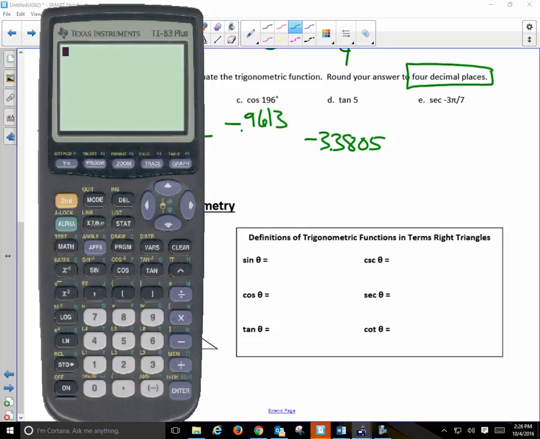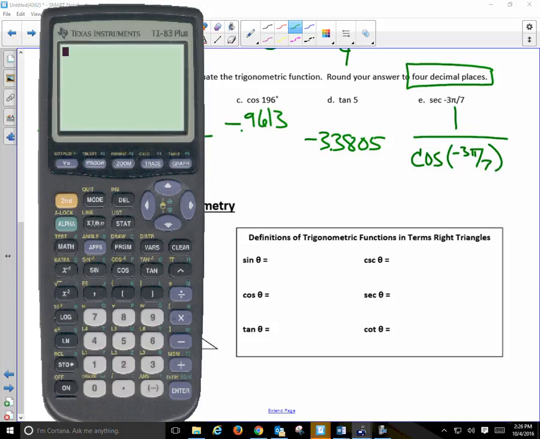How about the last one? Is that degrees or radians? Radians. I don't have a secant button on my calculator, so what do I use? Reciprocal secant? Cosine. 1 over the cosine of -3 pi over 7.